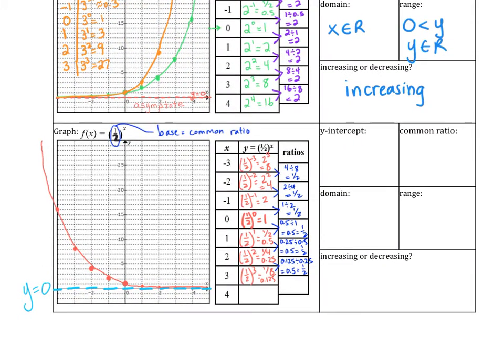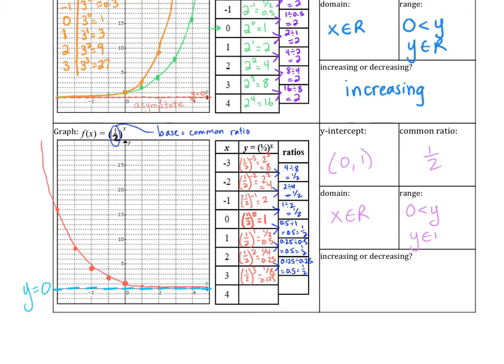And your properties: the y-intercept again is at (0, 1). The common ratio is 1/2. It's the same as the base. Domain, remember, it goes all the way to the left, all the way to the right, so that's x ∈ R. The range, the lower bound looks like it's 0, but it's not actually touching 0, so it's just y is greater than 0. There's no upper bound because it goes up forever.